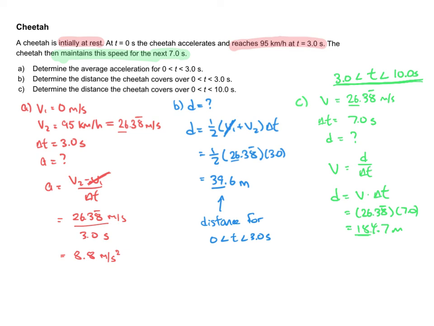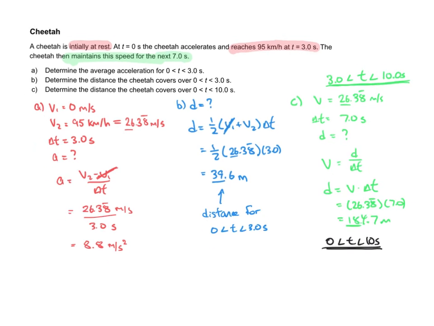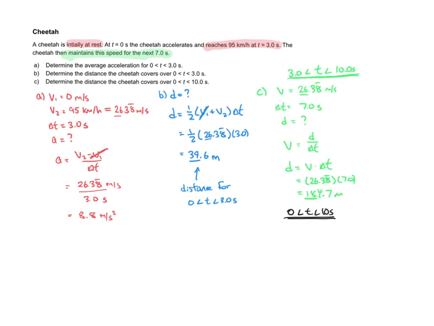So to get the total distance, I'll have a new heading here from 0 to 10 seconds. Give myself some more room here. The total distance, I just added up.